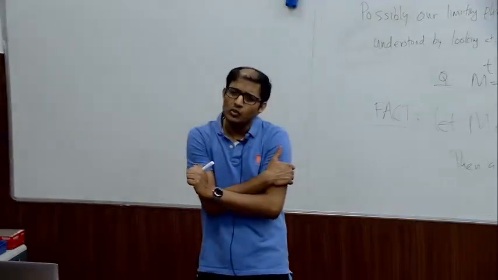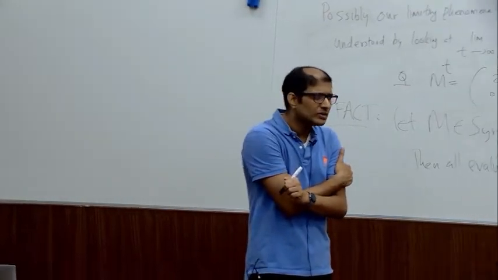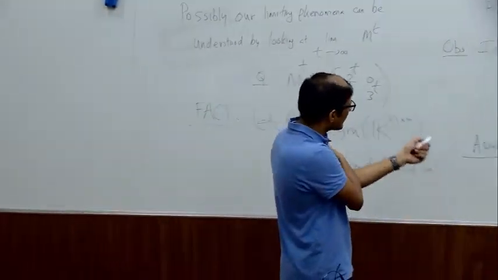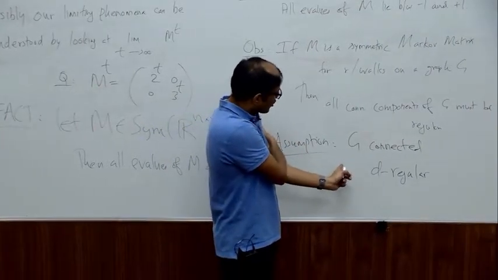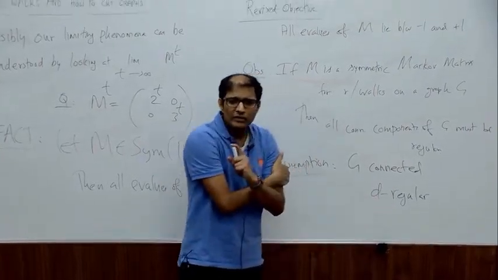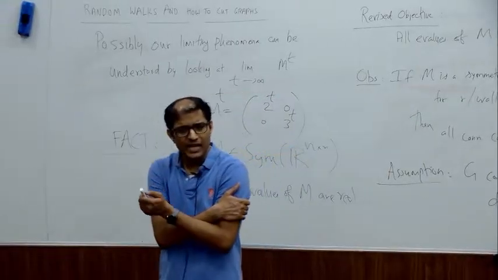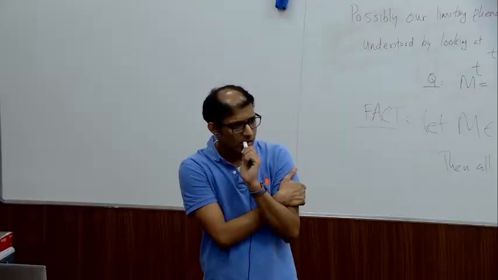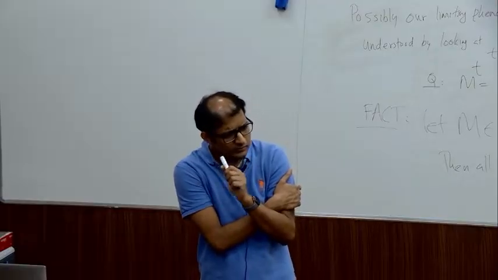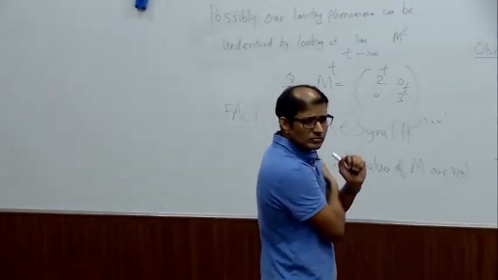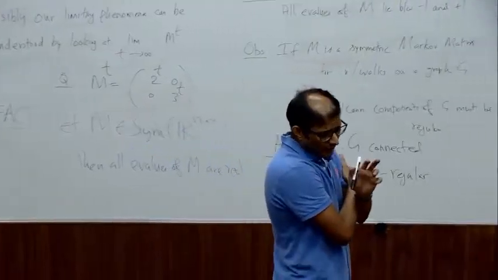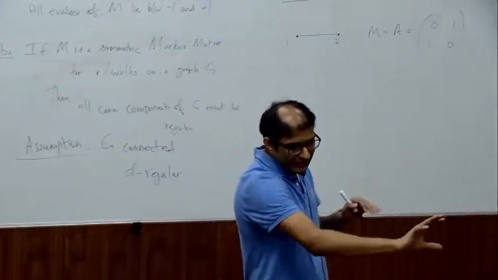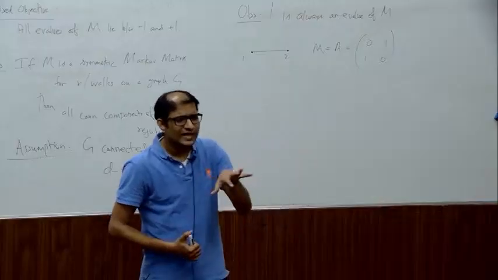How can we prove that all eigenvalues of capital M, where capital M corresponds to the Markov matrix of a connected d-regular graph, lie between -1 and +1? Take something greater than +1 to show that it cannot be... Okay, so there is an idea there. So let's try to formalize it.